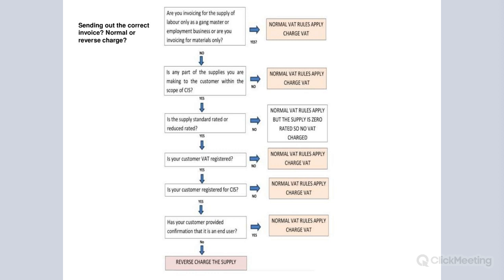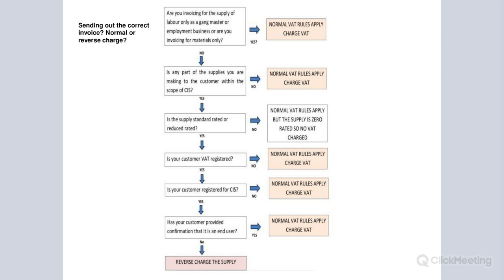Both of those categories are not affected by reverse charge VAT, and they will always charge normal VAT. I think that in this audience, 99% of you will slip down through the no. You aren't builders merchants and you aren't labour agencies.